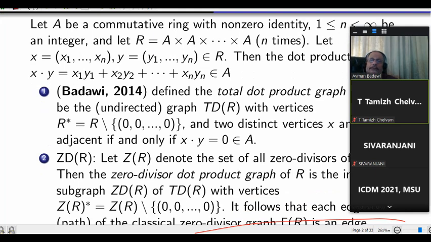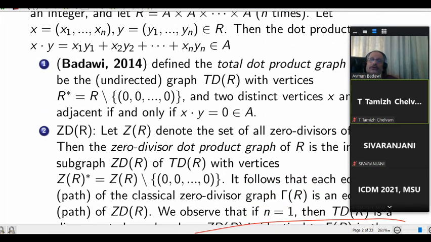Then what is the zero dot product graph?